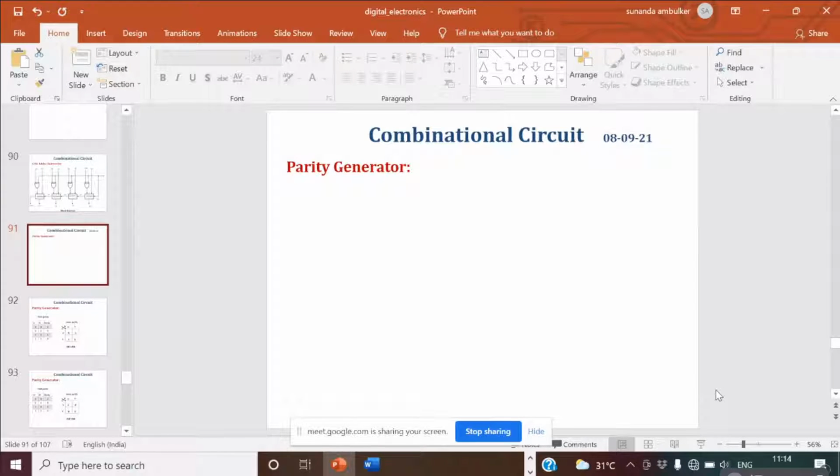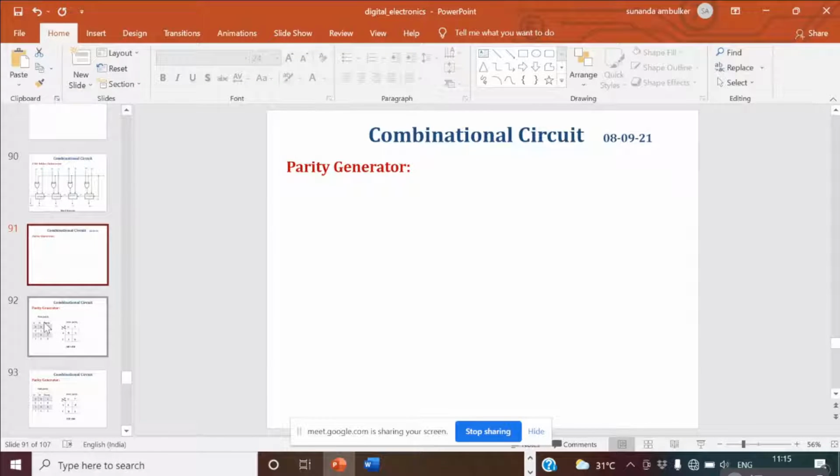On the basis of that, the number of bits will be decided for the transmission medium. We divide that bit stream into certain packets. The packet could contain 2 bits, 3 bits, 4 bits, 5 bits, anything.